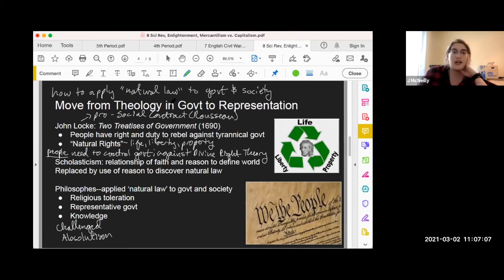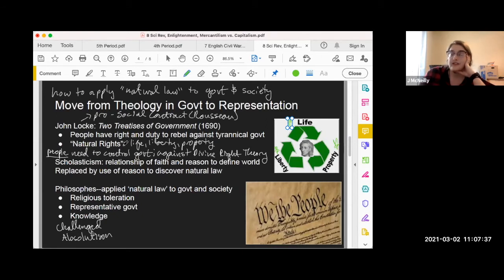According to the social contract by Rousseau, we enter into an agreement with the government. We get something out of that agreement. That something is protection, the protection of our natural rights: life, liberty, and property. But we also have to protect ourselves from the government. So the people need to control the government in order to make sure that their natural rights are preserved.